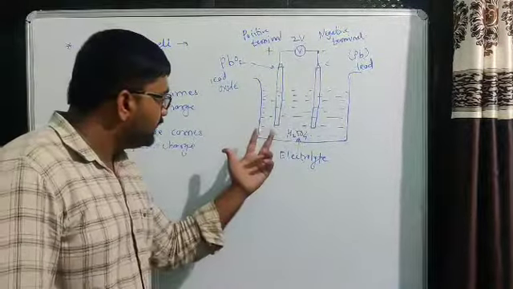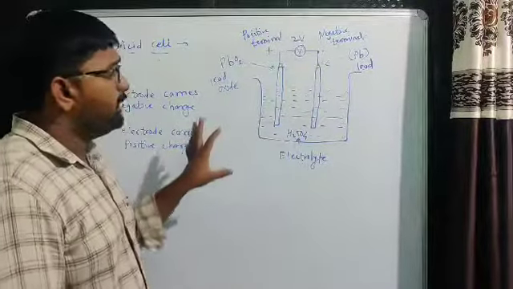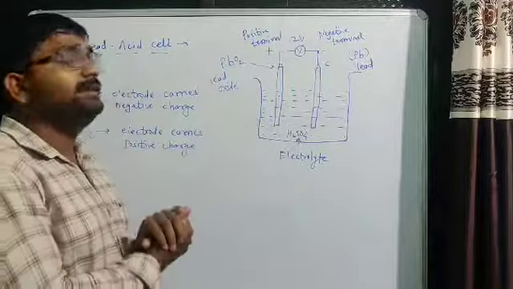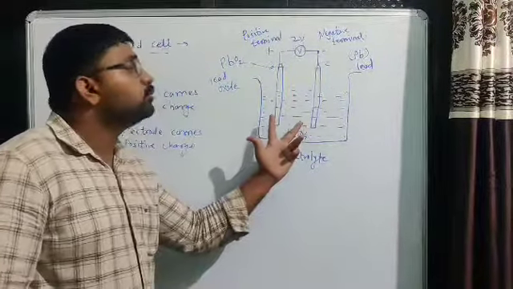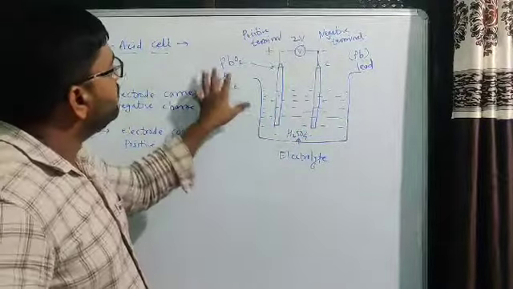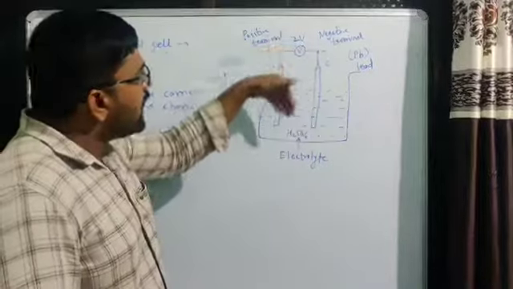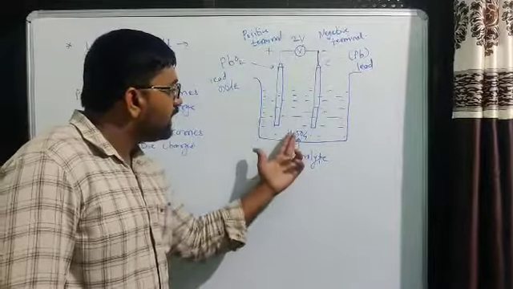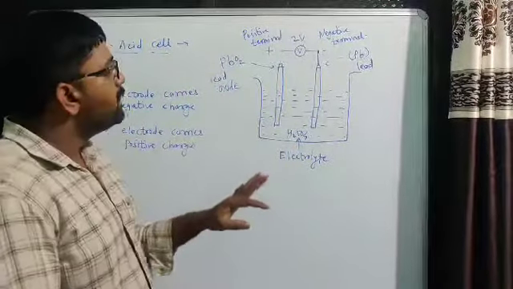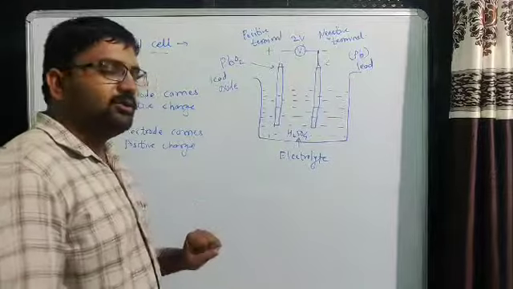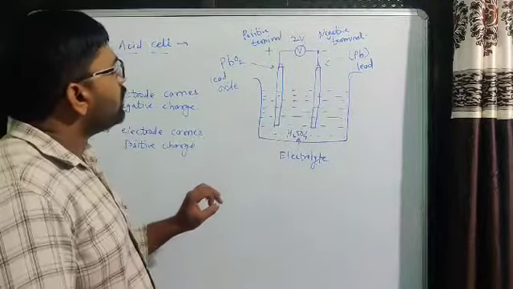This is the construction of the lead acid cell. Simply, two rods, that is two terminals, are used, one of lead oxide and one of lead. Both are inserted in the electrolyte H2SO4, that is sulfuric acid.